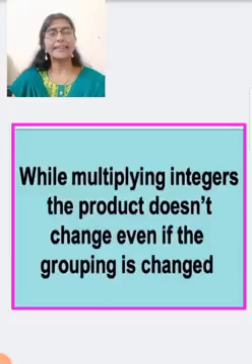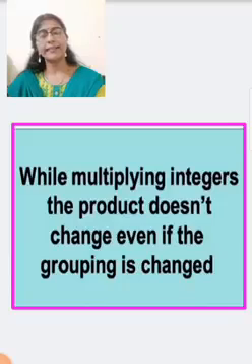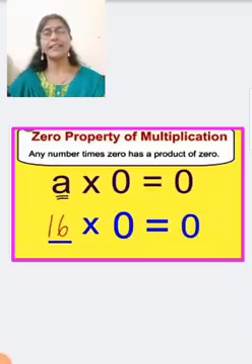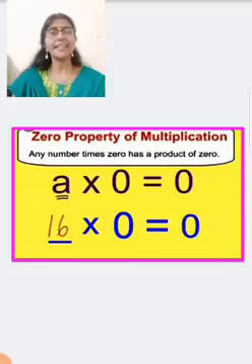While multiplying integers, the product doesn't change even if the grouping is changed, and this is called as associative law of multiplication of integers.